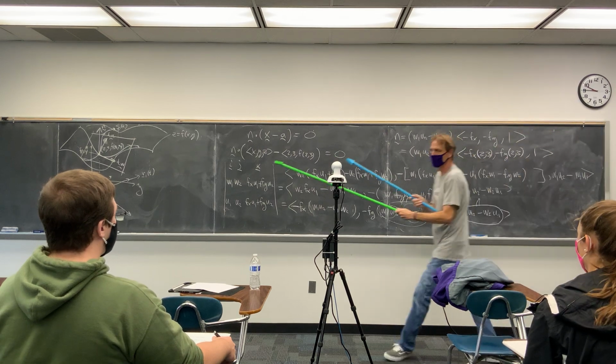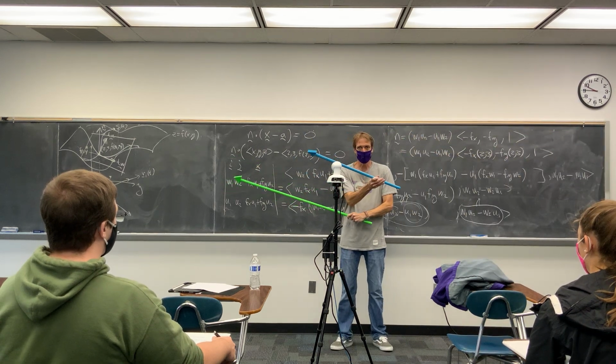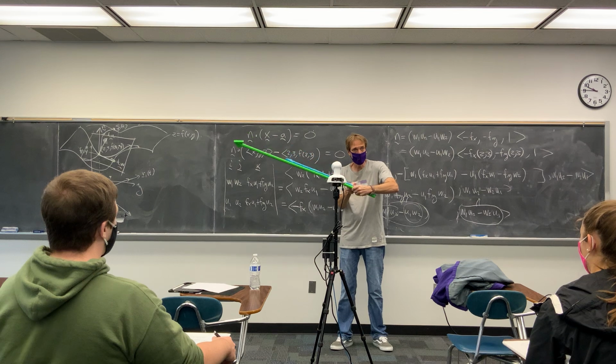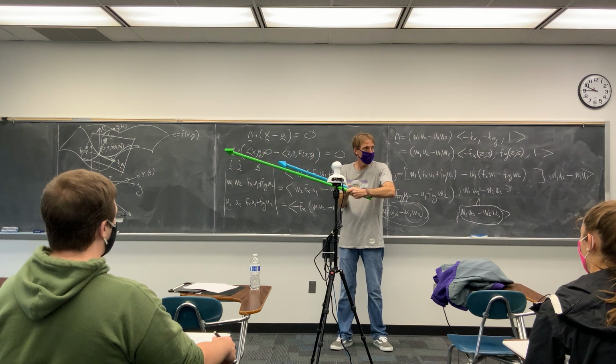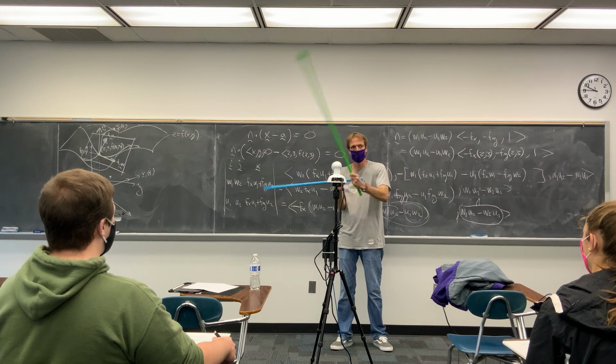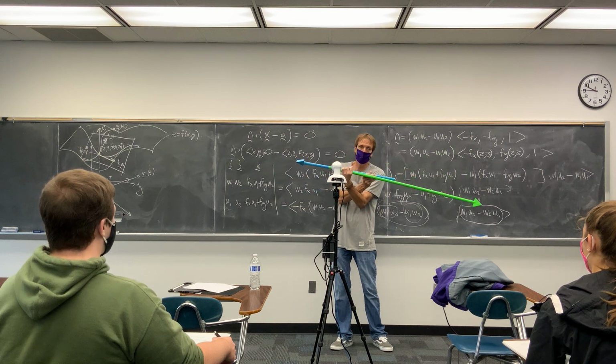I could have a vector and I could scale it and it would become a different vector, but it points in the same direction. I could multiply times a negative and it would flip it around, but it would still point on the same line.